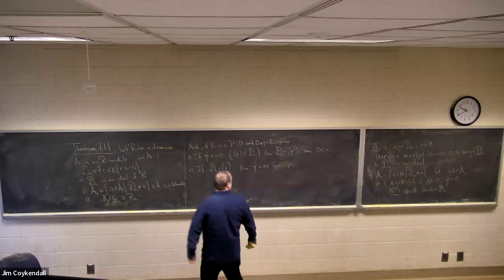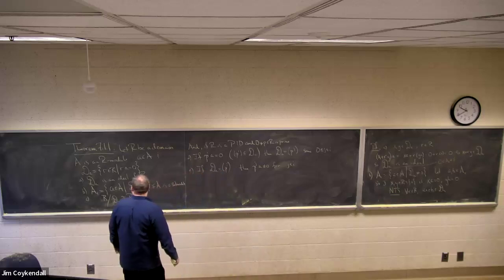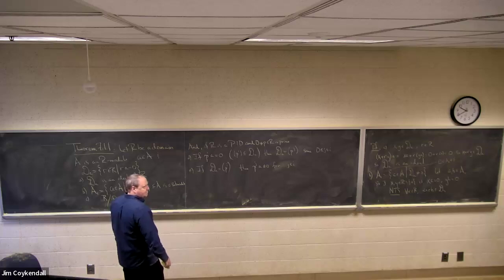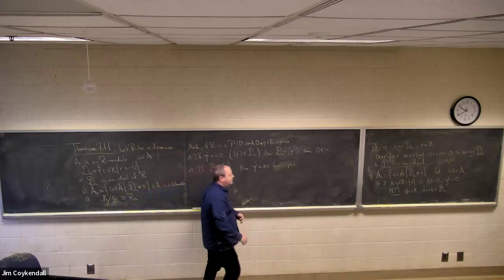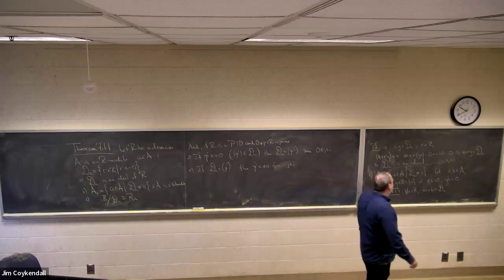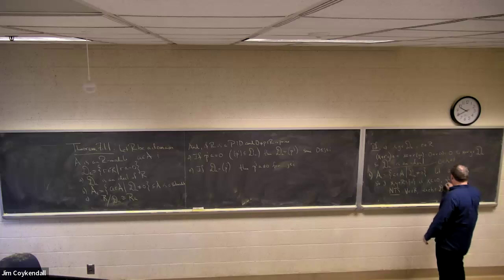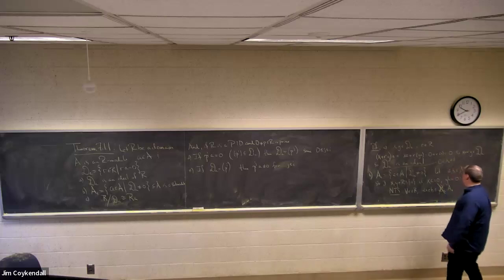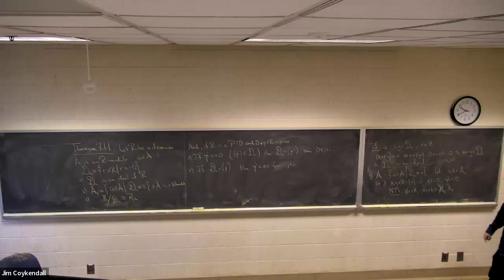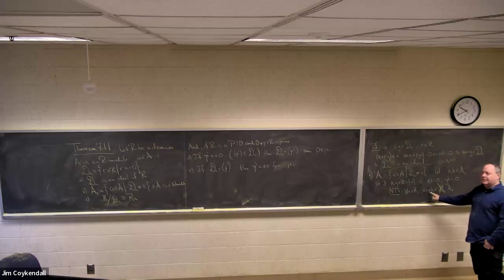Well, what does that mean? I need to show a plus rb is in the set. What does that mean? That means there has to be some non-zero element that kills this, right?